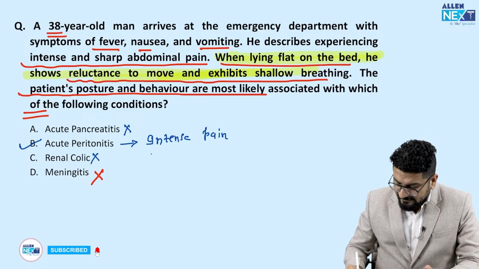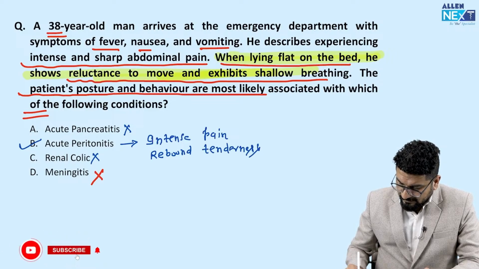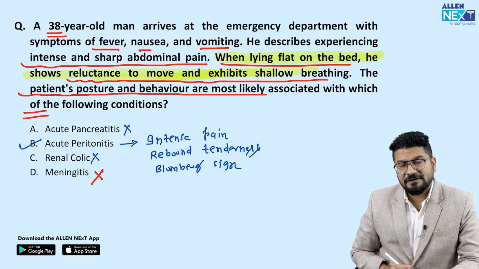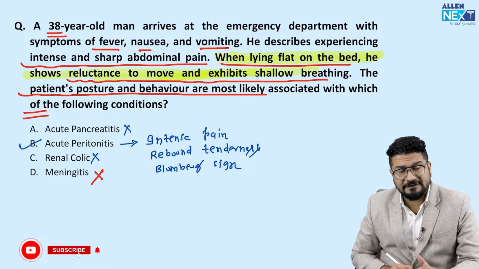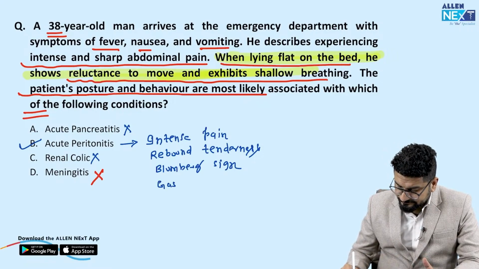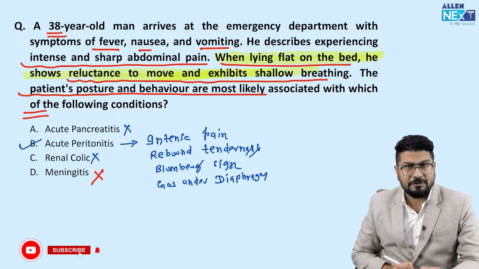And sometimes we see rebound tenderness. We call this Blumberg sign. And what else is important? When you do the x-ray, generally how we make a diagnosis is an x-ray abdomen in erect posture, and you will see gas under diaphragm. Gas under diaphragm. So these are findings you will see in a patient with acute peritonitis.